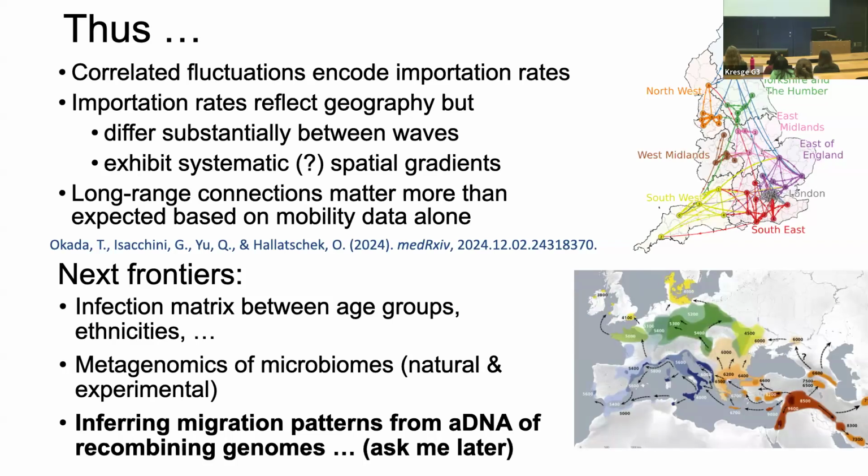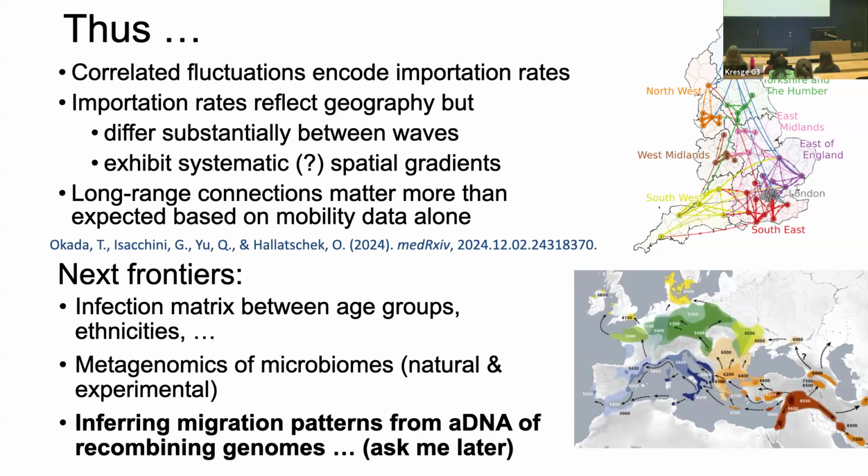There are other data of this sort. All you need is time series of neutral variants over time, which can potentially be gathered for microbiomes using metagenomics. Then you could ask how microbiomes are imported or shared between different populations, which would be an interesting question.